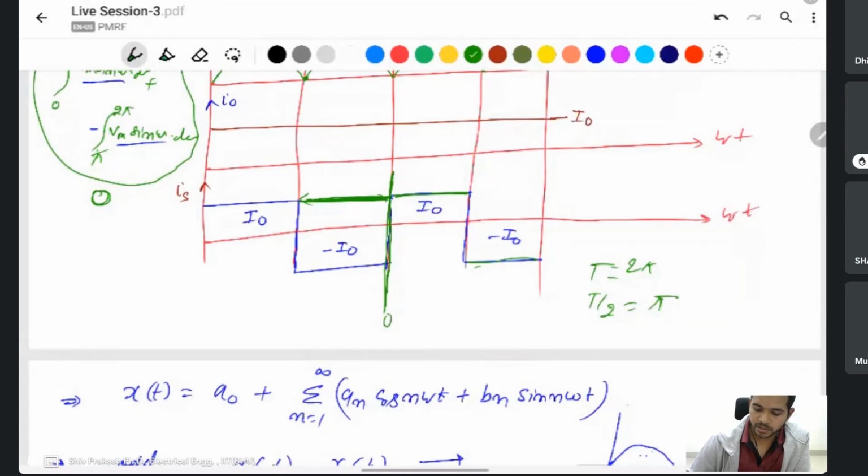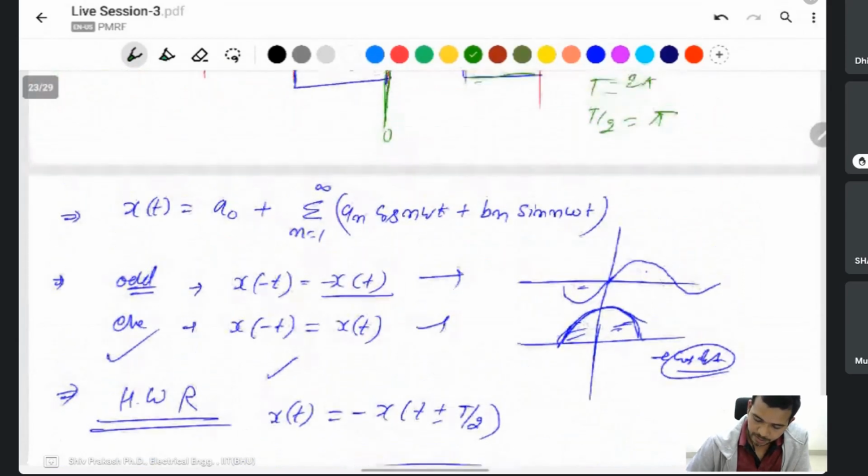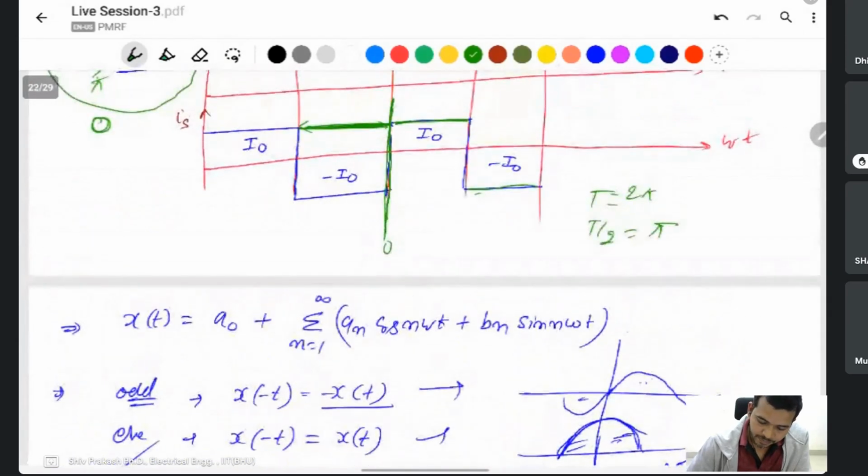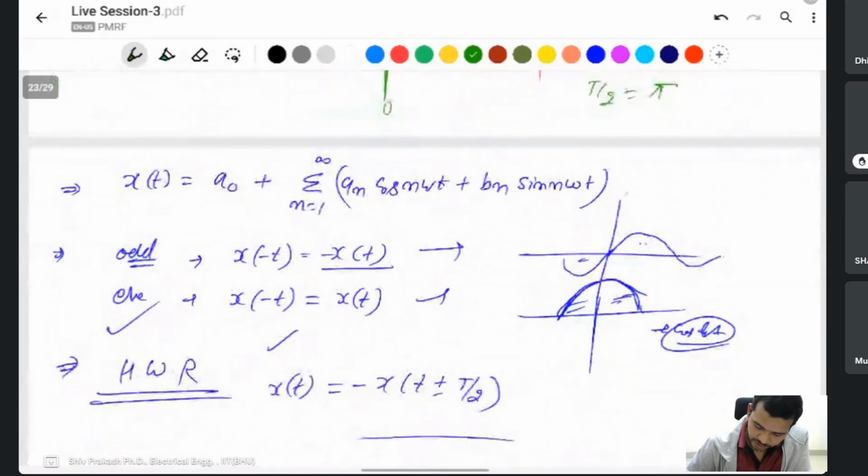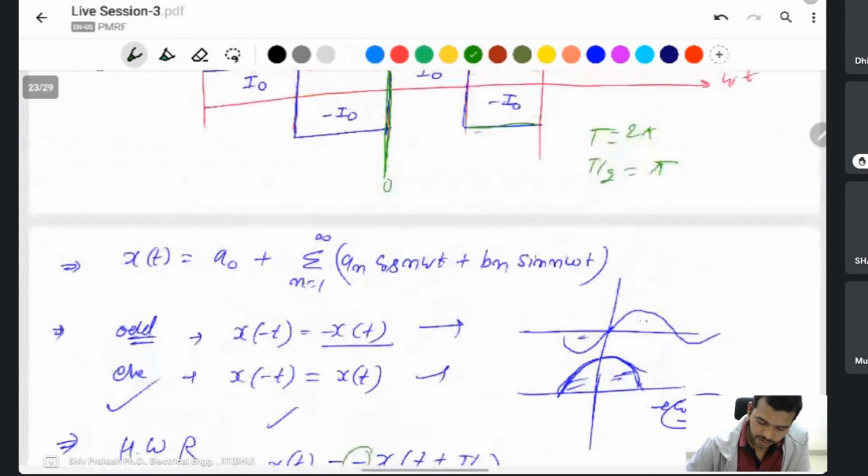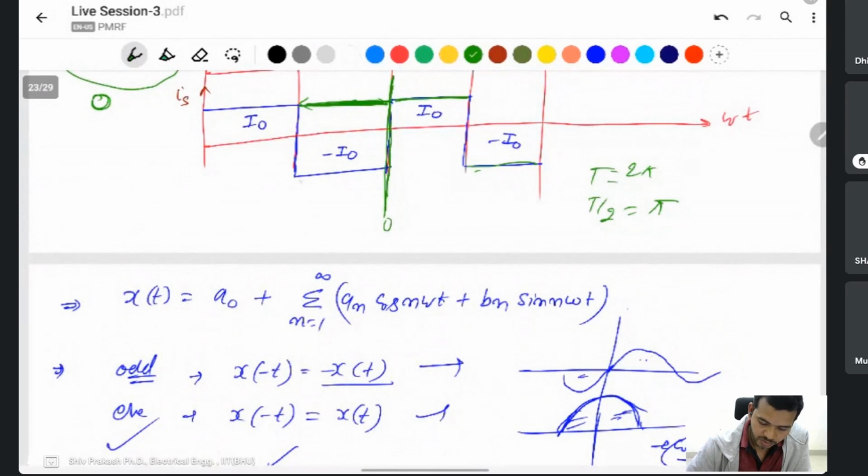If you shift like that, then apply a negative, the signal is the same as the original signal. It means this waveform has half wave symmetry. If it does not match exactly, then it is not a half wave symmetry.